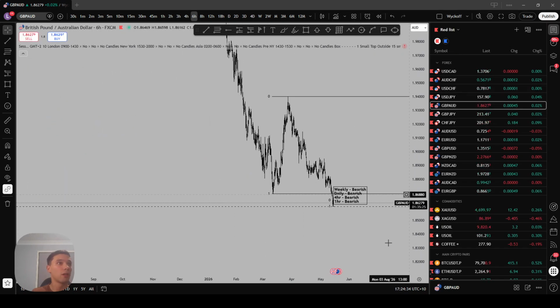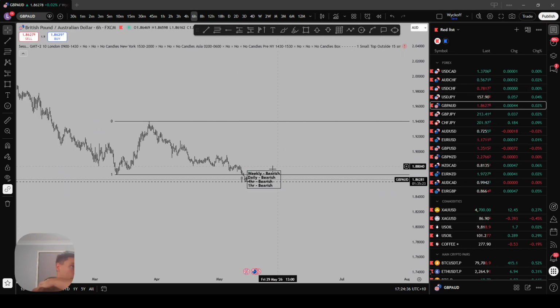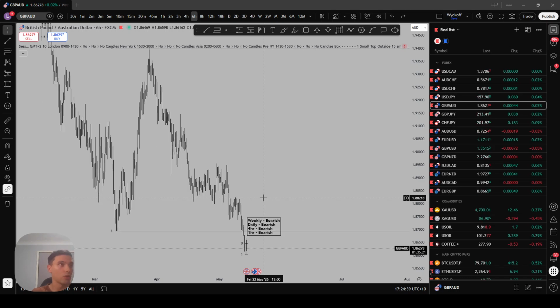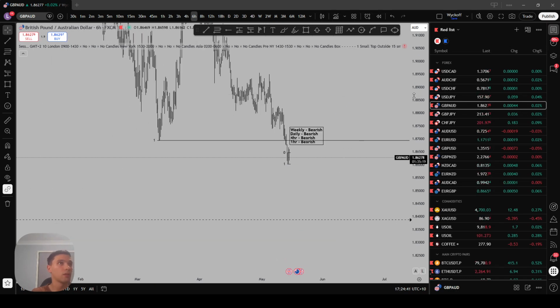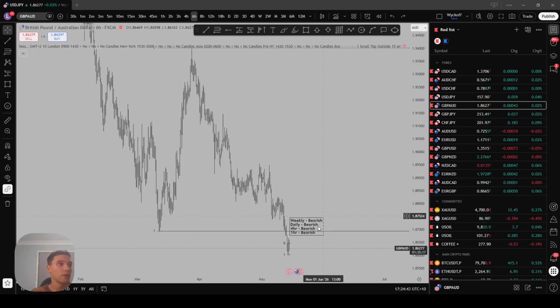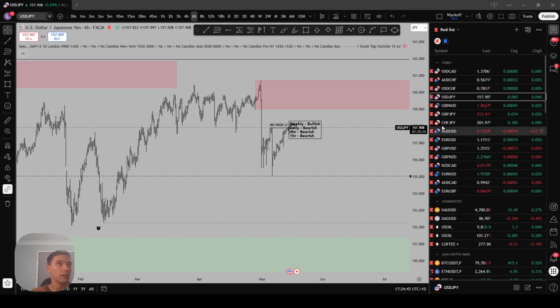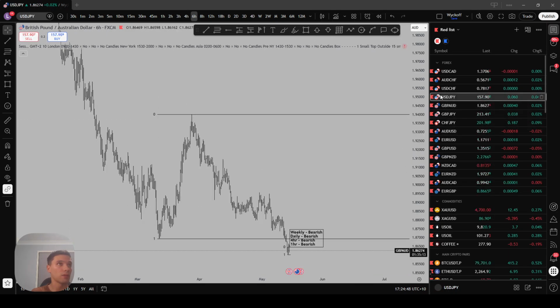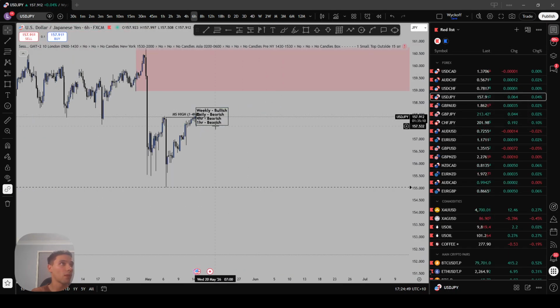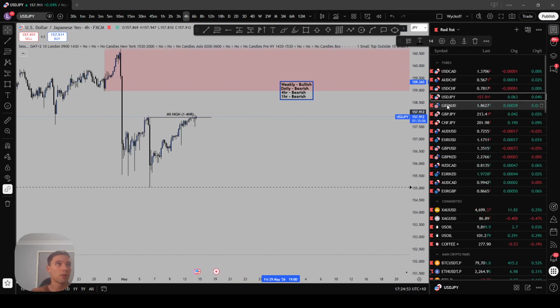GBP AUD still creating that deviation there. Yep, monitoring the 4-hour there.